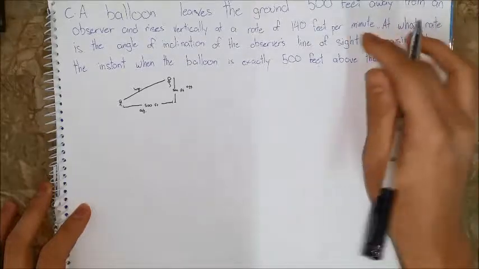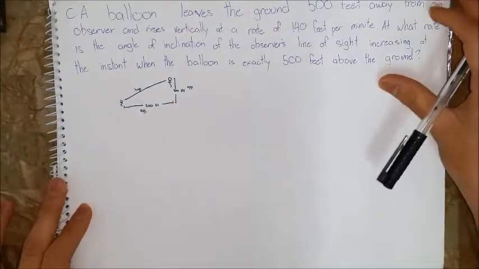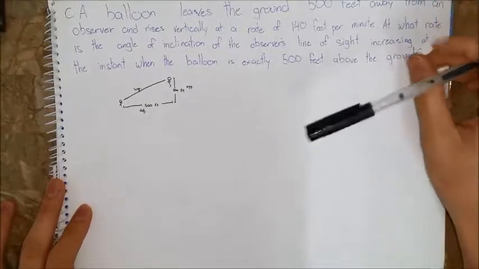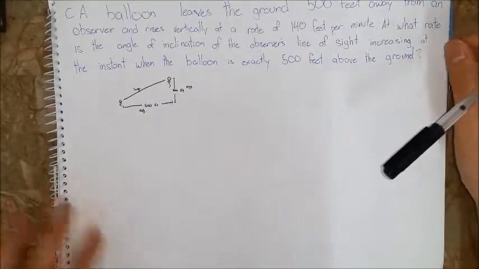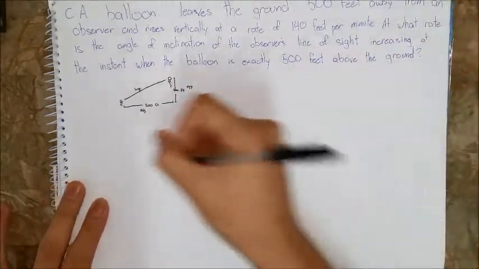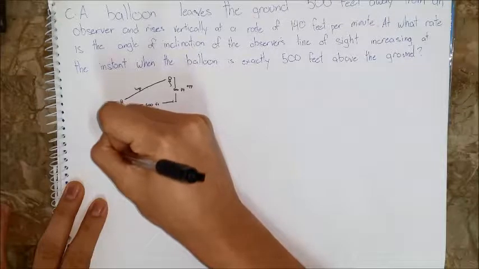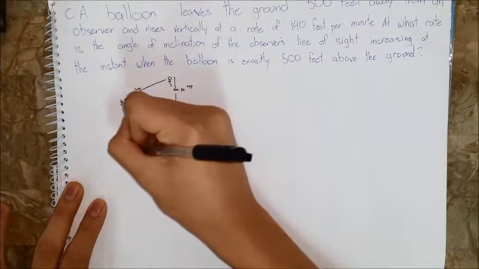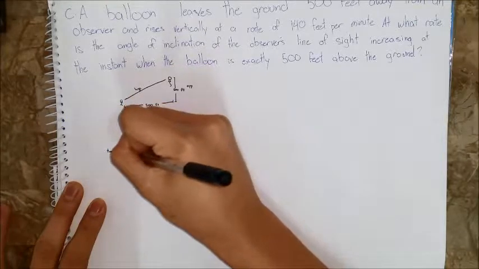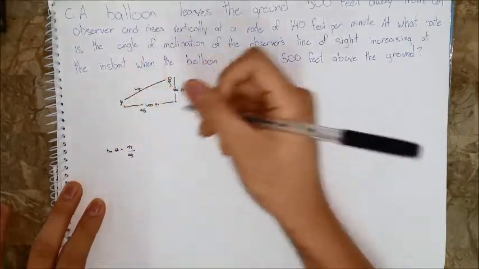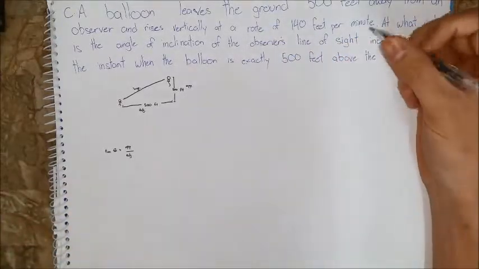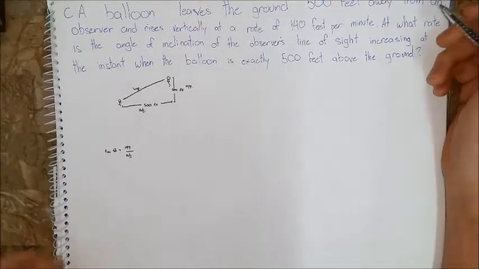So back to the question, it is asking us what is the rate of change of the angle of inclination of the observer's line of sight. To find that, we use theta equals opposite over adjacent. But this is to find the angle, and we have to find the rate at which the angle changes.